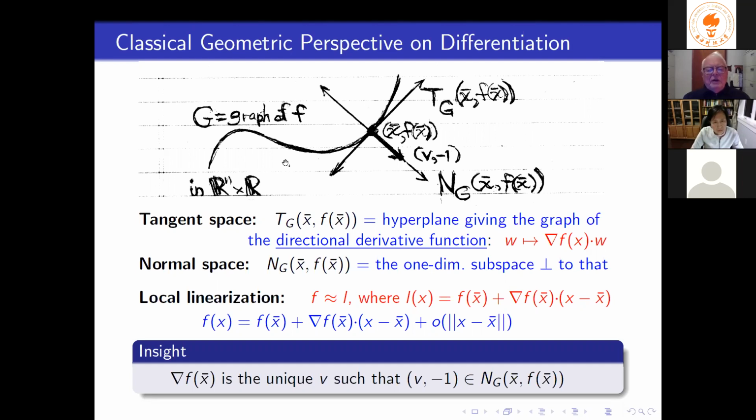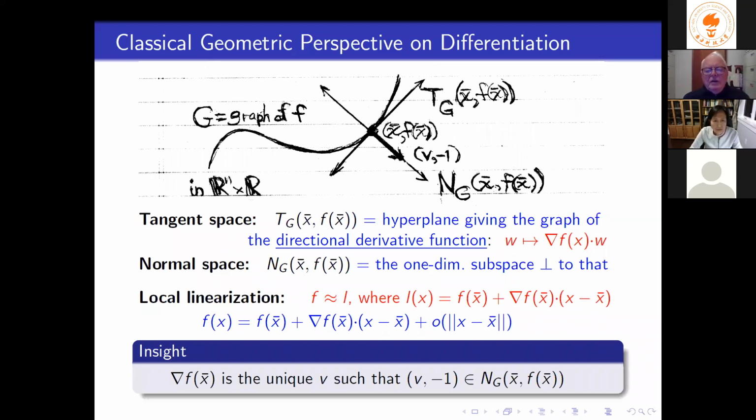But now let's think of a function on Rn. Its graph is in a space of one dimension higher, so there's some kind of hypersurface. Then as a smooth manifold, we have the geometry of differential geometry. In differential geometry, there's a linear subspace that's a tangent space, and a linear subspace that's a normal space.